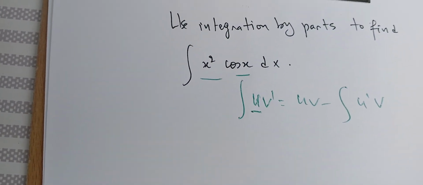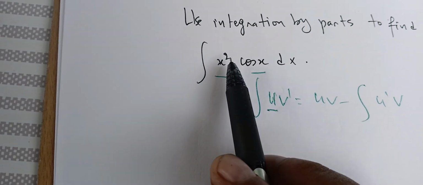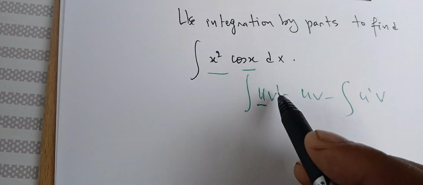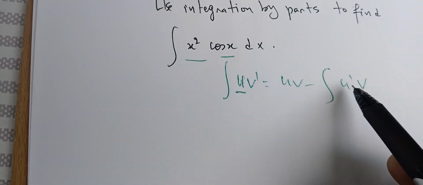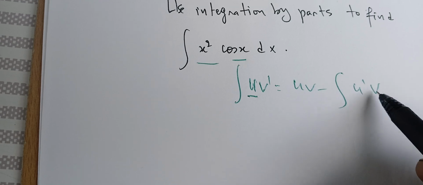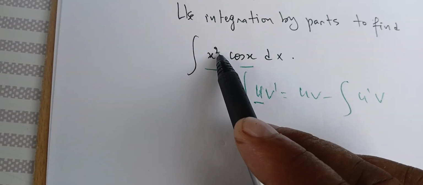Okay, in our case, if we choose v prime as x squared, we see that on the right side we will have to get v, which is going to be x cubed.